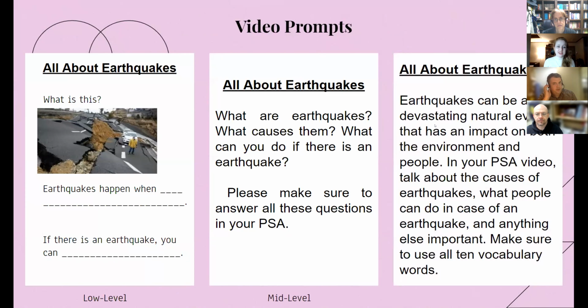Do you show them any model PSAs in the process? Yes. So I would show them model PSAs. For low-level students, I would probably show them a PSA first in Korean so that they know what it is they're trying to accomplish.